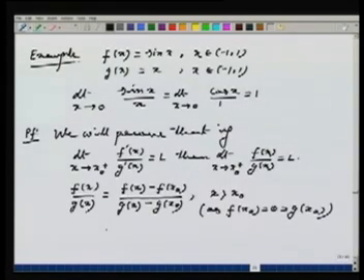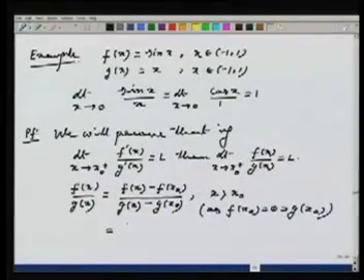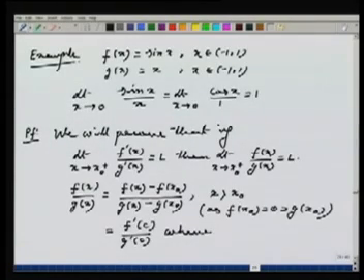Now I am in a position to apply Cauchy's mean value theorem, because in a neighborhood of x naught, f and g both are differentiable functions, so anyway they are continuous. It implies then there exists a C such that this is equal to f prime(C) divided by g prime(C), where C lies between x naught and x.